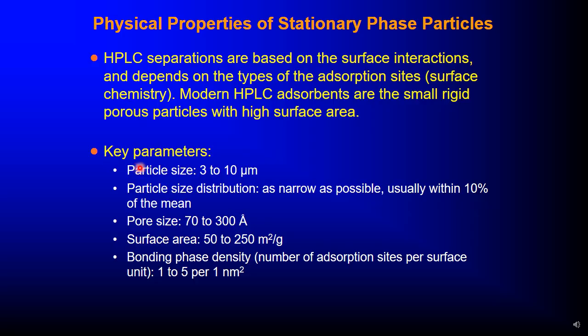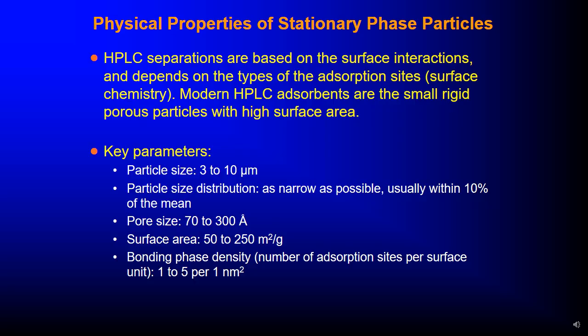Key parameters: particle size is 3 to 10 micrometers. Particle size distribution is as narrow as possible, usually within 10% of the mean. So it means they should not have different sizes, as that will really affect separation.